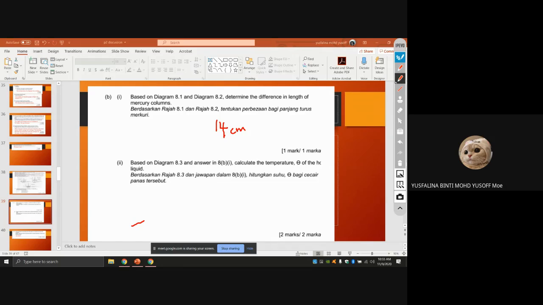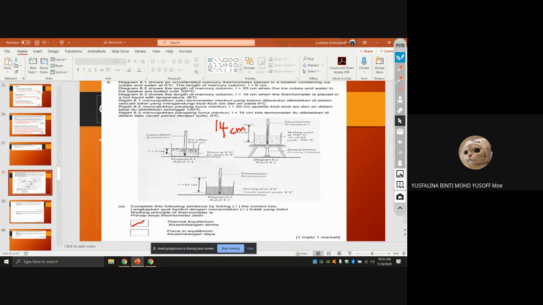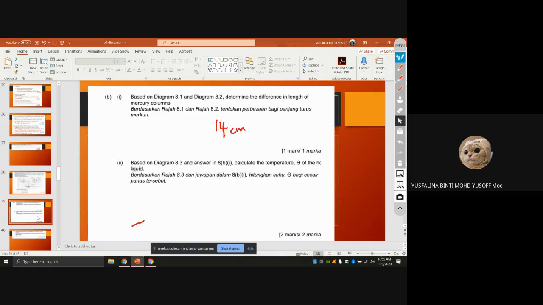Okay, and based on diagram 8.3 and the answer in B1, calculate the temperature theta of the hot liquid. So the length of the mercury for the hot liquid is 16 cm. We use the formula: L theta minus L0, over L100 minus L0, multiplied by 100.